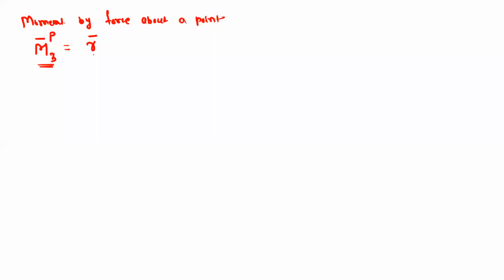So this moment is r bar cross force vector, and the force vector is P bar. Okay. So this is represented in the form of a determinant.